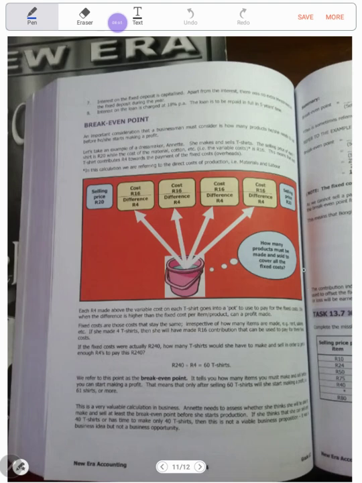Fixed costs are those costs that stay the same, irrespective of how many items are made. Example, rent, salaries, etc. If she made 4 t-shirts, then she will have made 16 rand contribution that can be used to pay for these fixed costs.